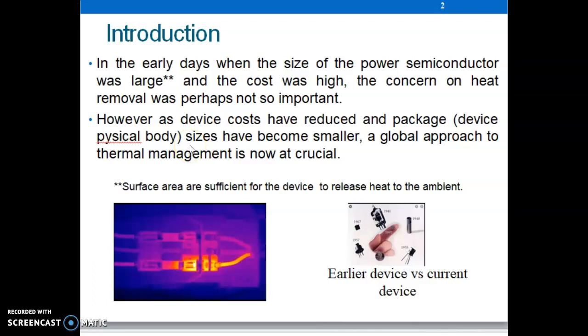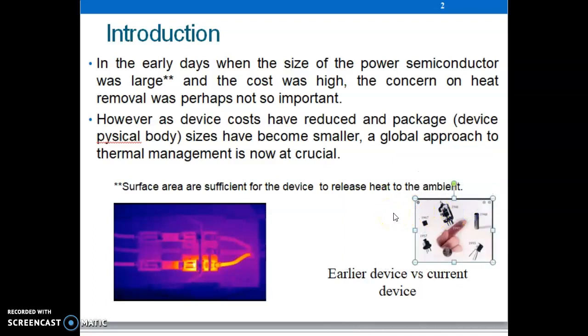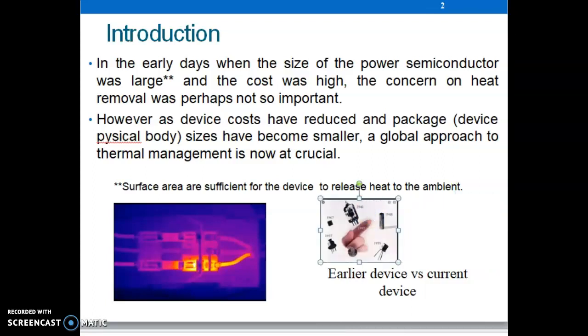Okay, as an introduction, we already know that power electronics has been applied since the earlier age, when the power processor device was introduced to the market. But in the earlier stage, the devices used in power electronics applications such as converters, power processors, and rectifiers were quite large in size.